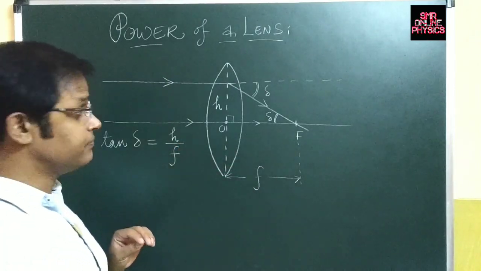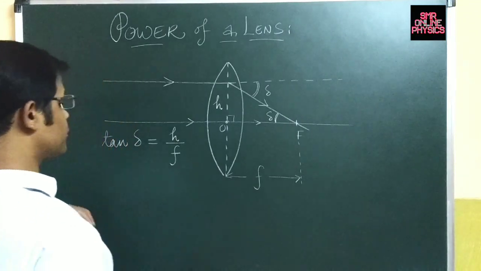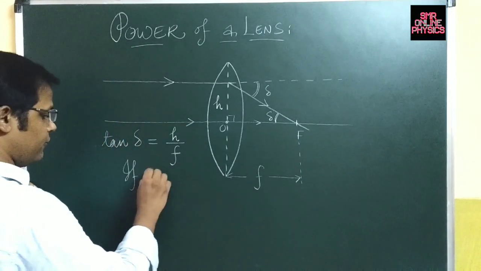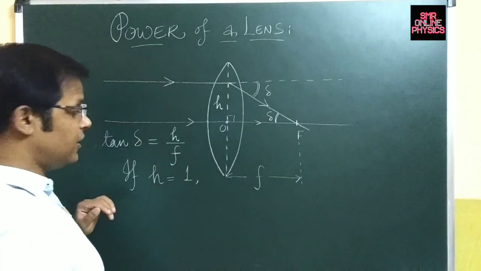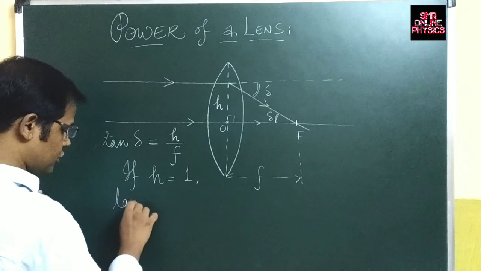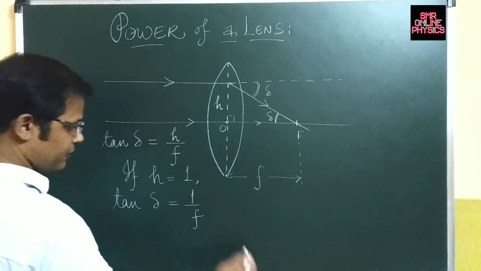That's all good. We are dealing with thin lenses. If we put a condition that h equals 1, that is unity, then tan delta equals 1 by f.